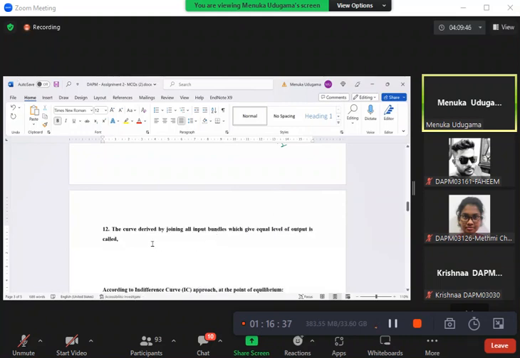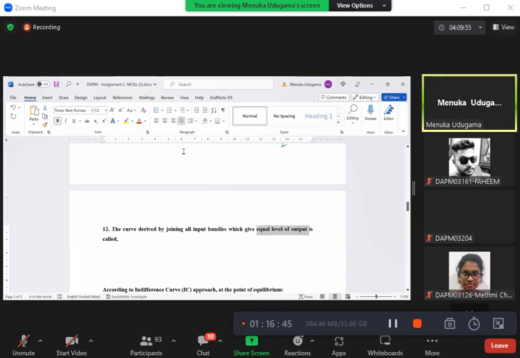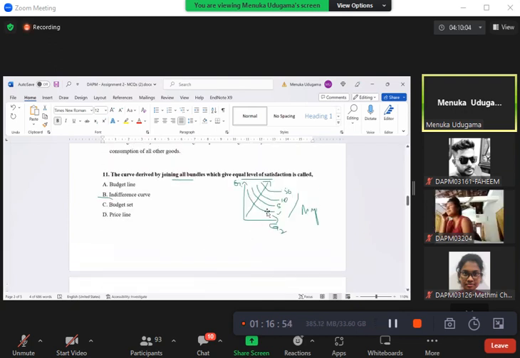So how would you answer this question? What's the answer? The curve derived by joining all input bundles which give equal level of output. What did we call this curve? Remember, it was very similar to this curve.